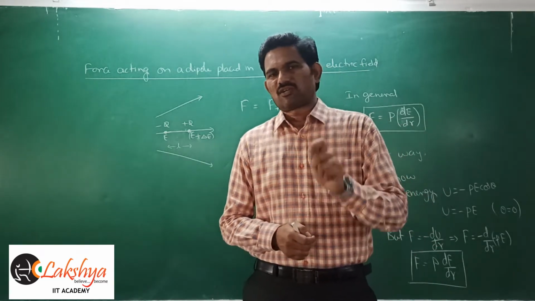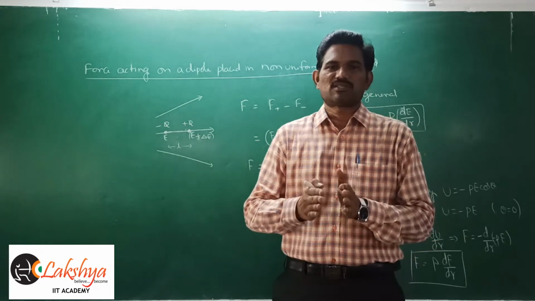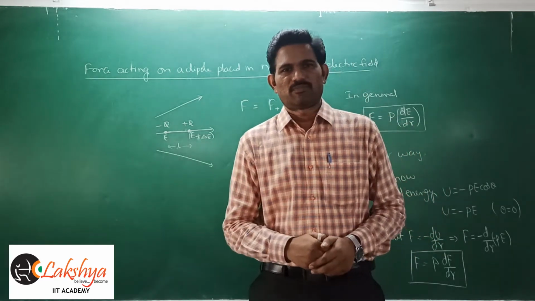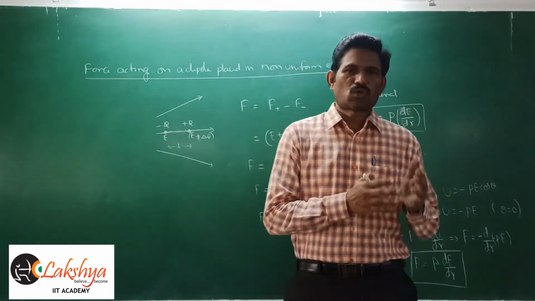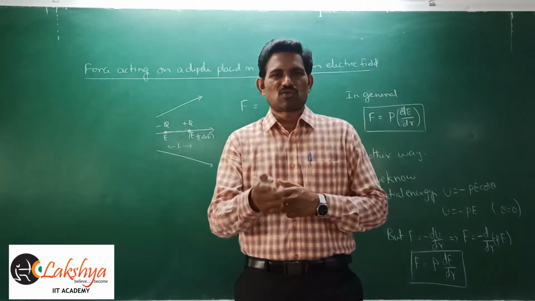Remember these points. Net force acting on the dipole is always 0 whenever a dipole is placed in a uniform electric field. But torque acting on the dipole may be 0, may be non-zero. That depends on its orientation.